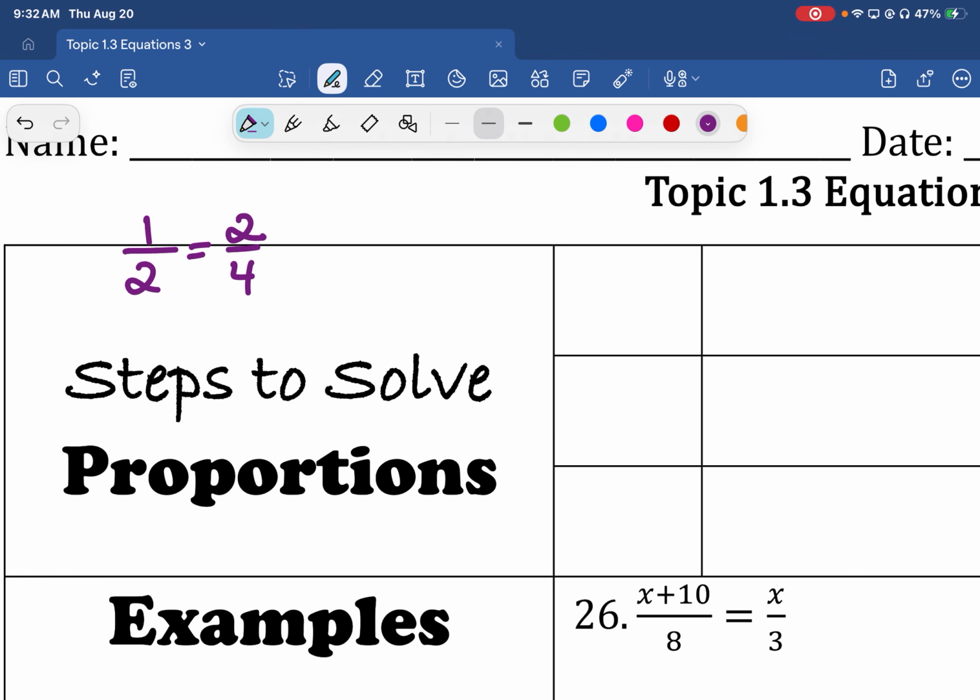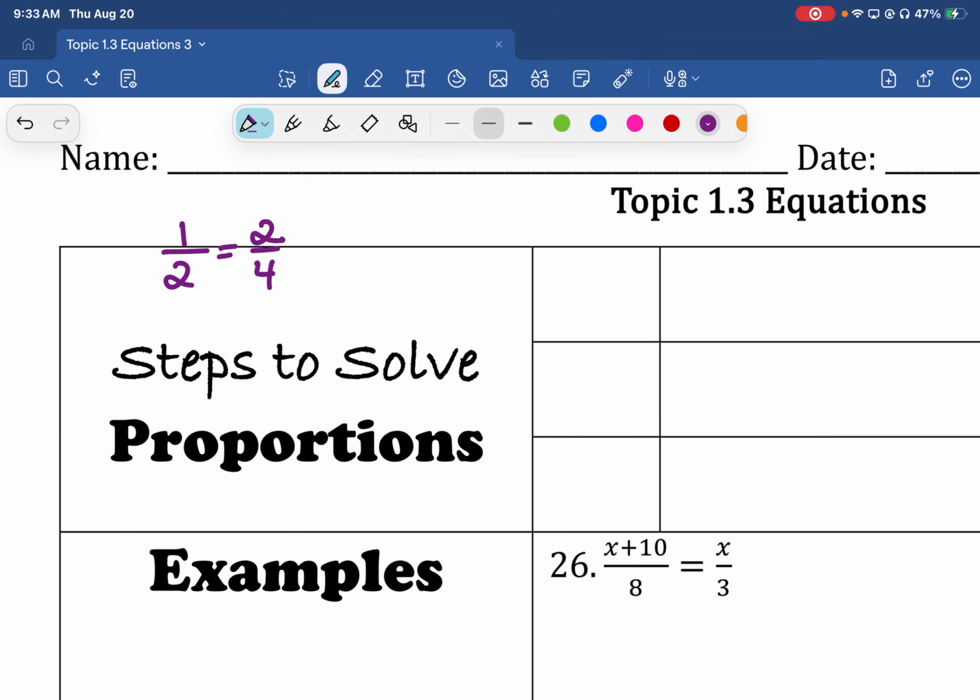They're equivalent fractions. That's what it means to be a proportion. What's another fraction that would be proportional with 1/2? 3/6, 4/8, 10/20, 1,000/2,000. Anything that is half will have that proportion with 1/2.